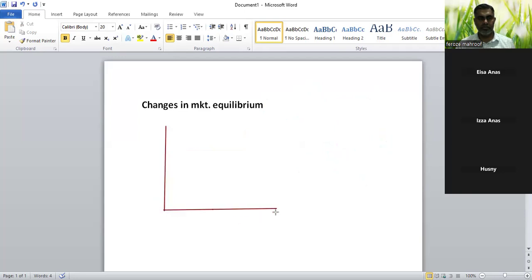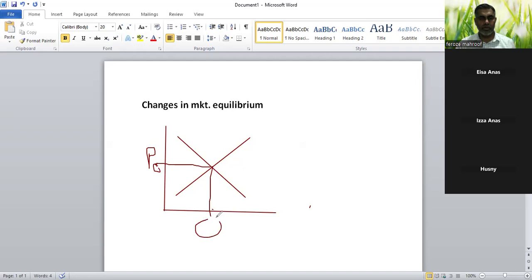Now see, very easy, it's not hard. This is the demand curve, this is the supply curve. So you can understand this is the equilibrium price and equilibrium quantity.